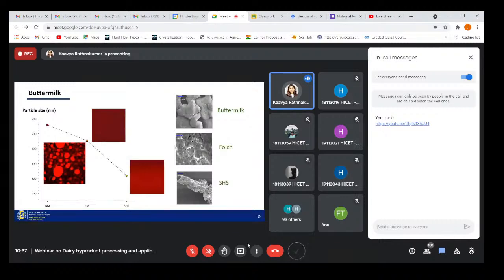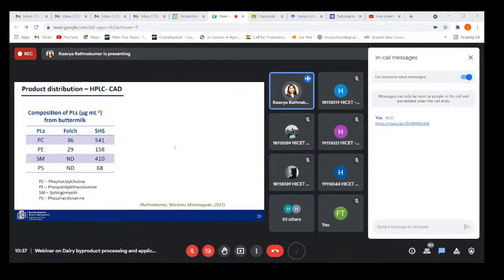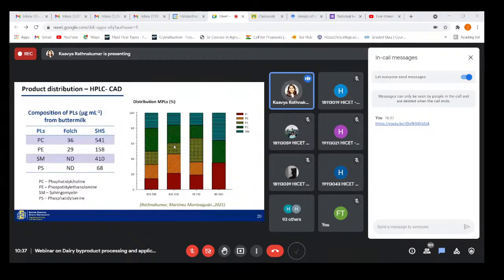Further, we used HPLC, high pressure liquid chromatography. As I said in the beginning, we used the TLC technique, which is a quick technique to measure the individual phospholipids. Similarly, HPLC is a robust technique using a charged aerosol detector, which shows the concentration of the individual phospholipids.